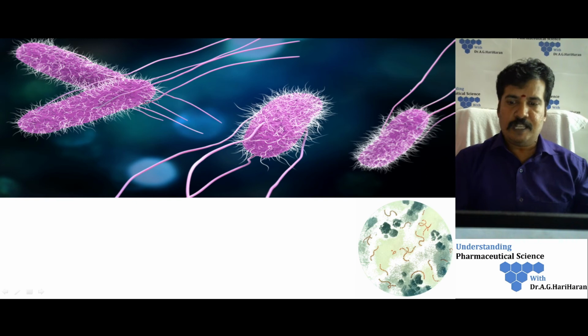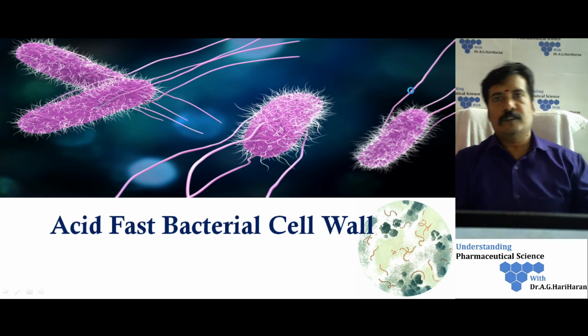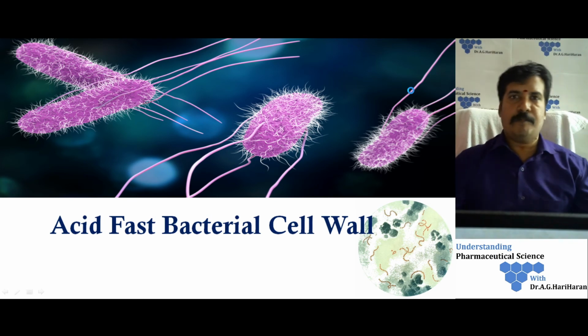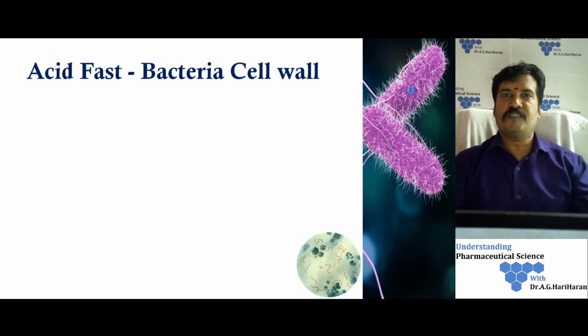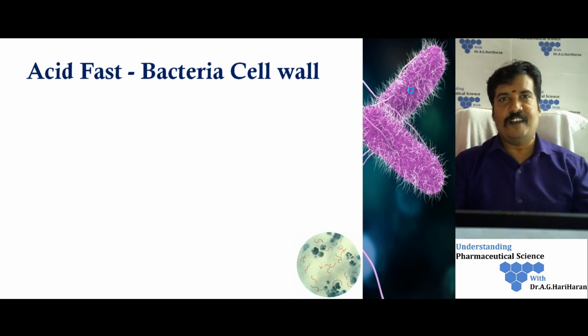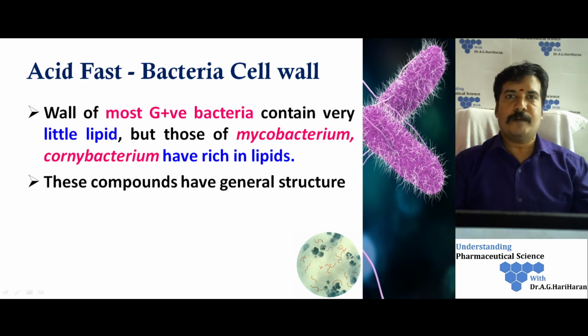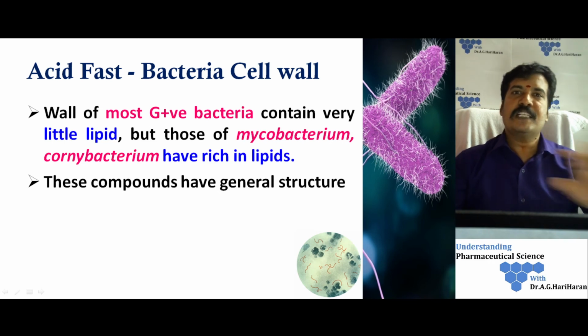Now, before getting into the chemical nature of the gram-negative bacterial cell wall, let us see one other bacterial cell wall, that is the acid-fast bacterial cell wall. The acid-fast bacteria are generally gram-positive in nature. Some of the acid-fast bacteria are Mycobacterium or Corynebacterium, which are rich in lipids.